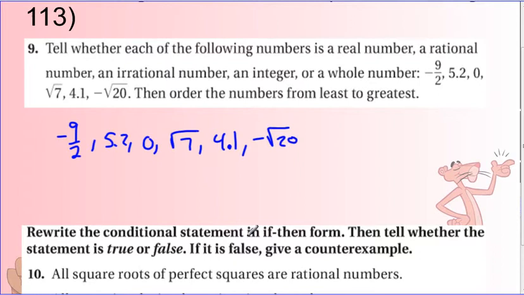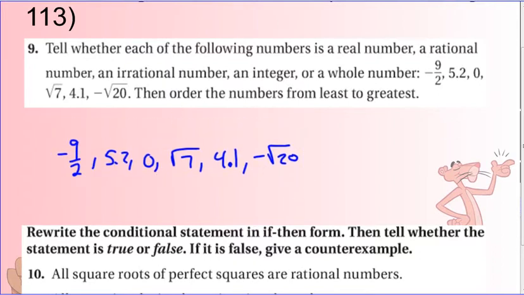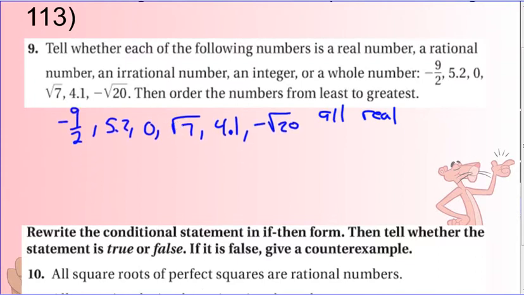So it wants to know, are these numbers real, rational, irrational, integer, whole number. Well, all of them are real. I'm trying to decide how to organize. I'm going to put my letters down here.